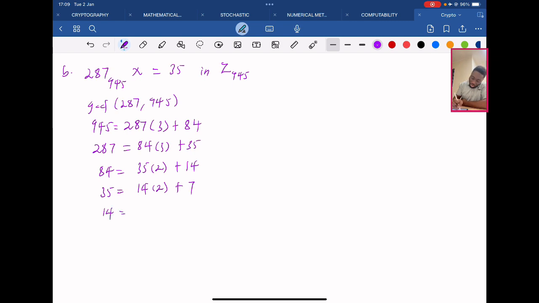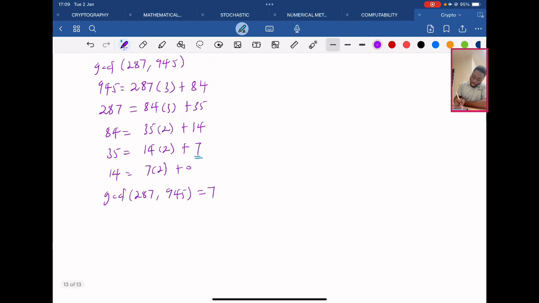And 14 will be equal to 7 times 2 plus a remainder of 0. So the last non-zero number over here is 7, meaning that the GCD of 287 and 945 is equal to 7.